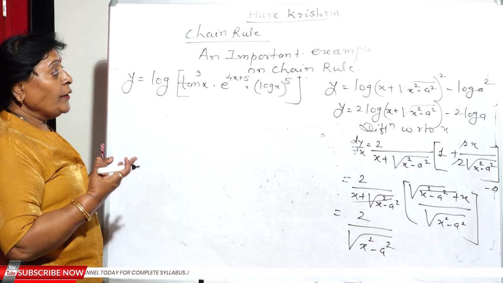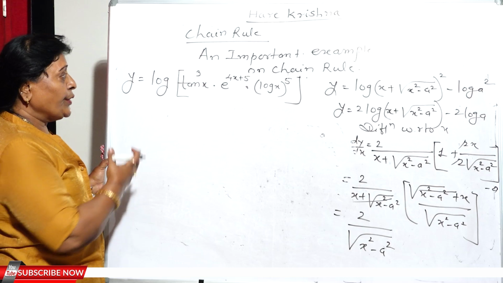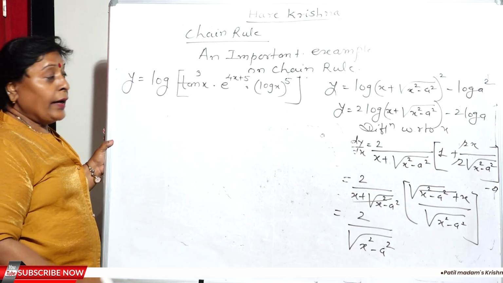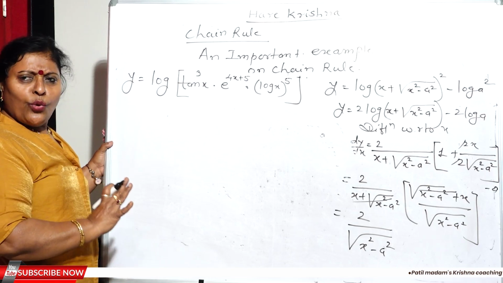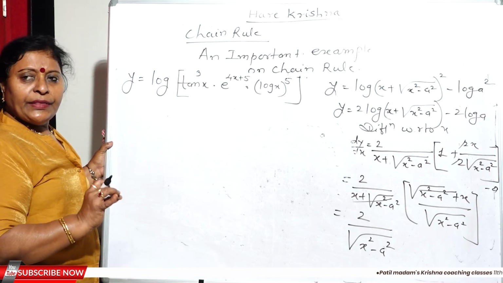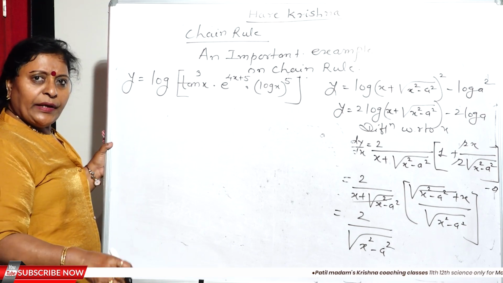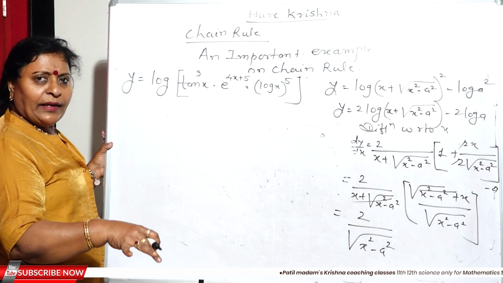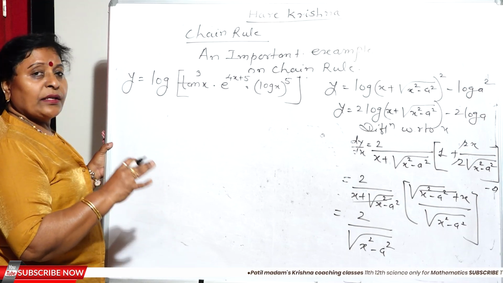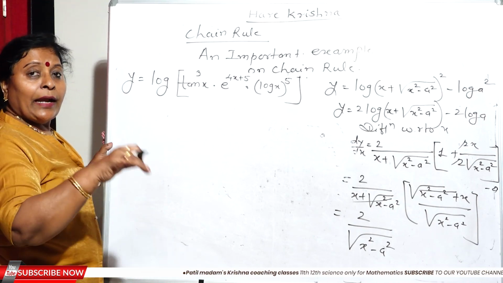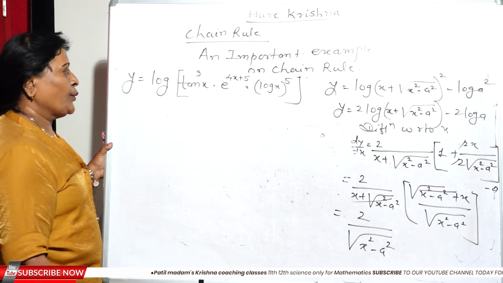Again if you substitute u, the derivative of log u is 1 by u, again apply u v w, and again there is a power that is too complicated. Again with the help of the laws of logarithm you have to simplify the function. Many times I am telling you, with the help of the laws of logarithm, first you have to simplify the function and then apply the chain rule, isn't it?